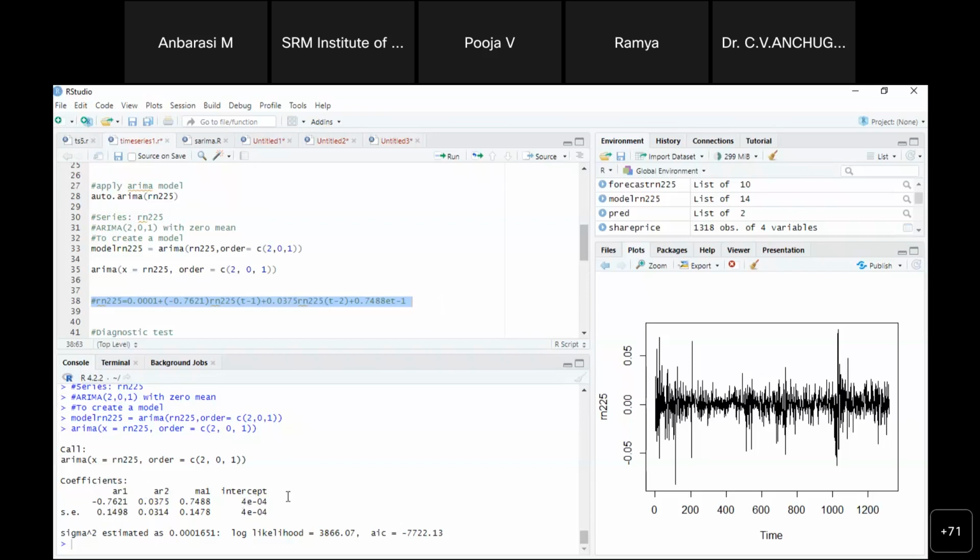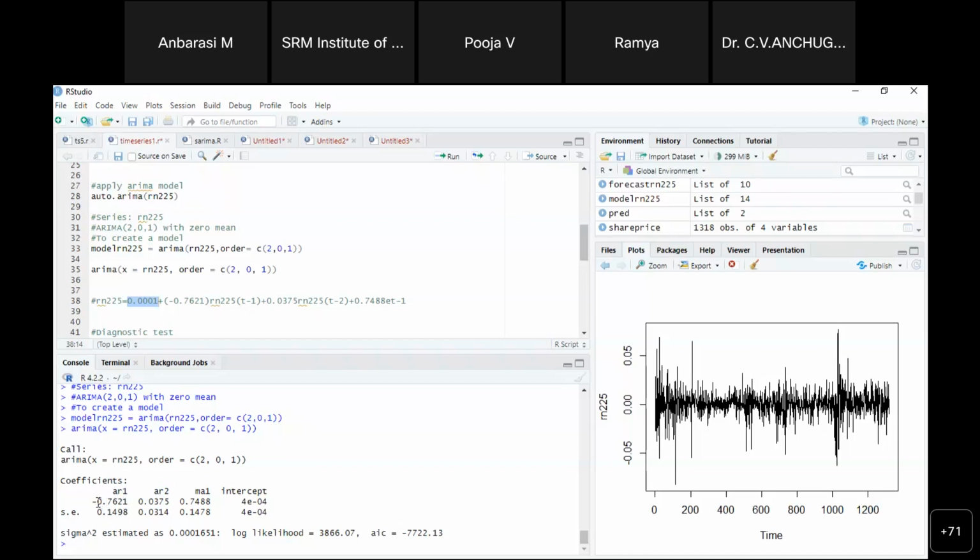So this intercept is nothing but the constant value. The constant value is 0.0001, which is 4 into e to the power minus 4. Then the p value is 2, which is the auto regression; you are having 2 previous values, 2 lags they are going to consider.